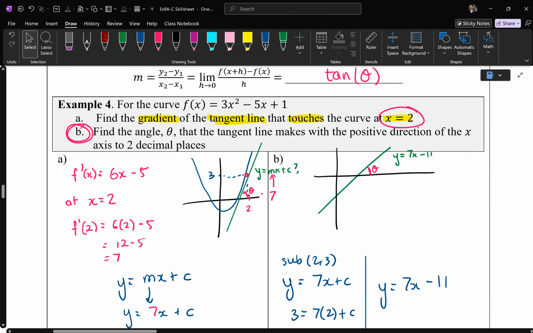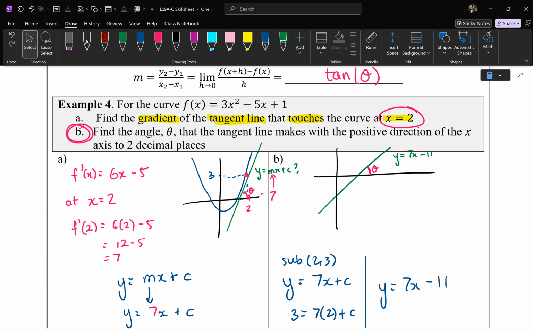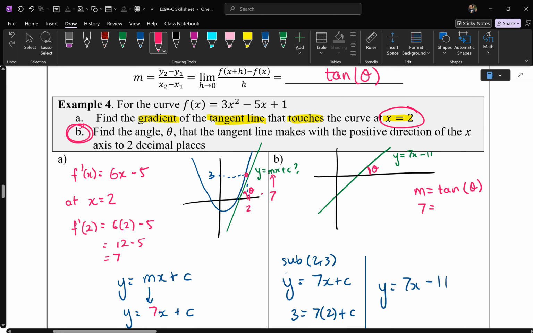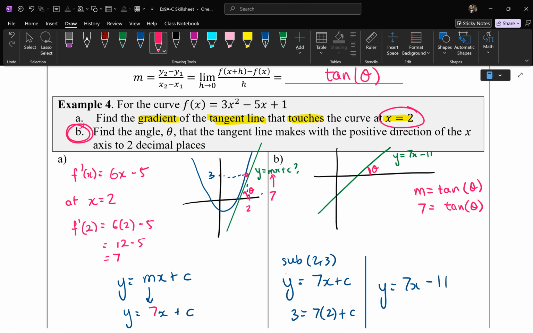So if m equals 7, and you also know it's equal to tan theta, you can equate them together. You can say, well, gradient equals tan of an angle, which I don't know what the angle is, but I do know the gradient, 7. So now on your calculator, to find theta, that must be tan inverse of 7.